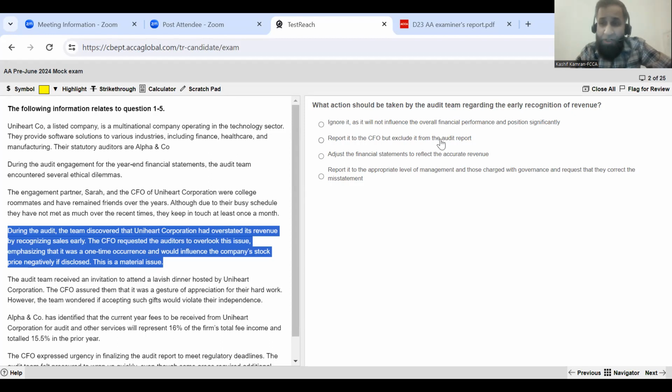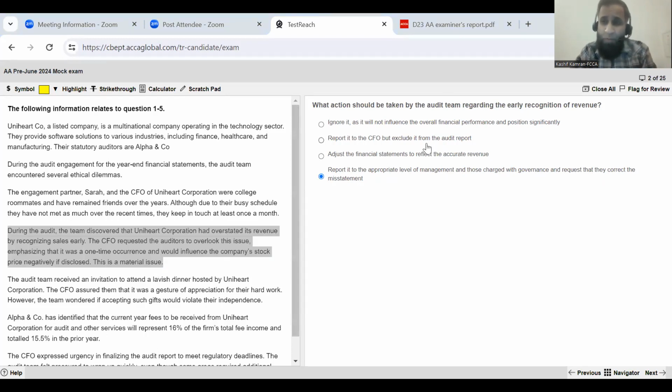So what action will you take for an early recognition of revenue? Definitely, you will report it to the appropriate level of management and those charged with governance, and request that they correct the misstatement. That is a perfect answer. So see how quickly you can do the OTQs. You just need some clever mindset there. Some of them will connect to the case, some of them will not. You go to the next one.